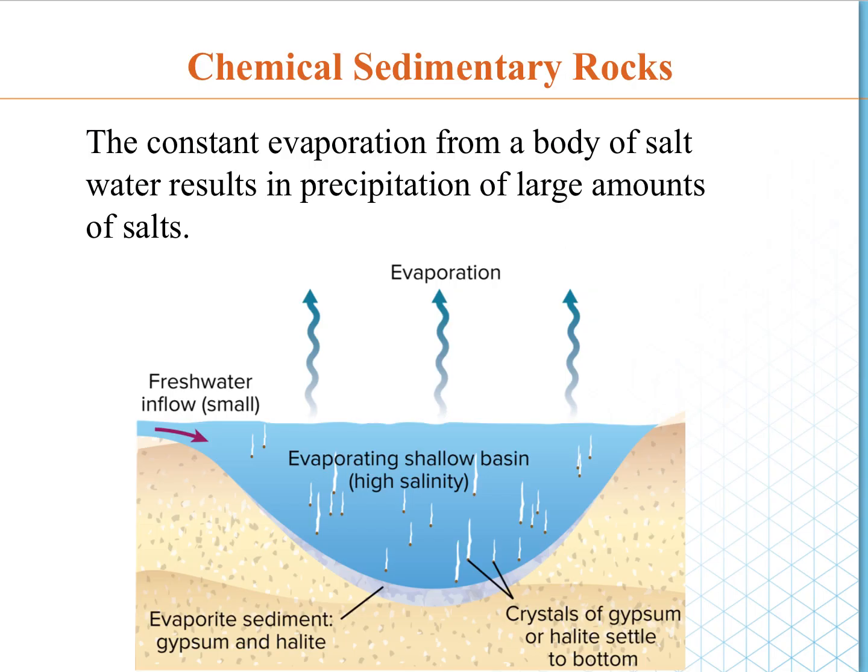And this picture, I think, helps you to see that just a little bit better. The constant evaporation from a body of salt water results in precipitation of large amounts of salt. And here it's filling in. Now this is a curved bottom, and you're going to start to fill that in.